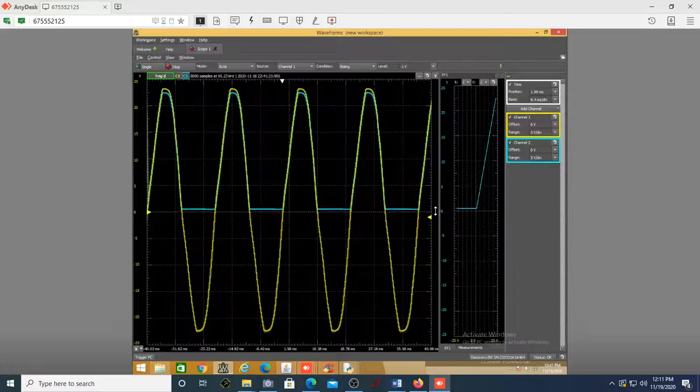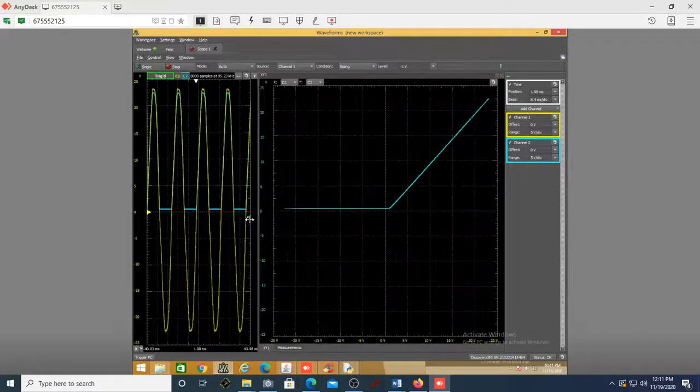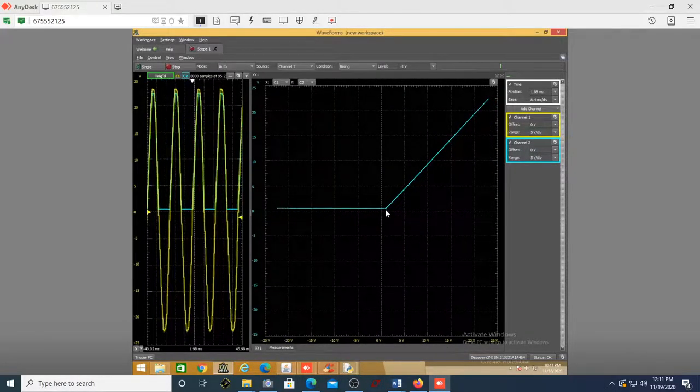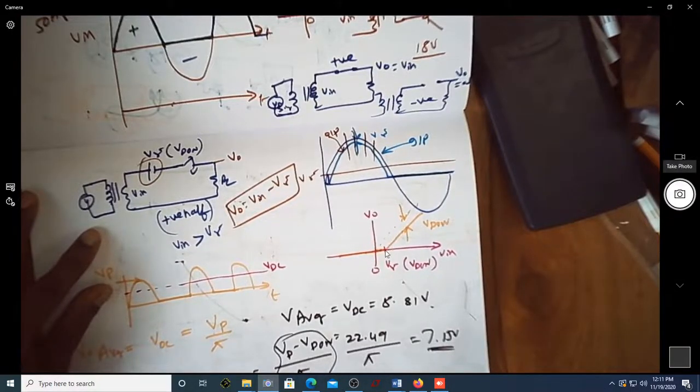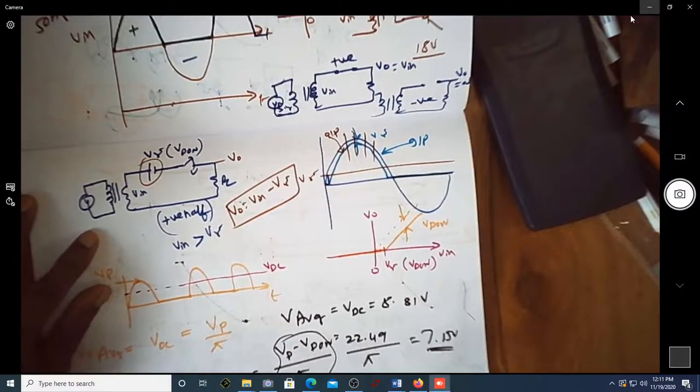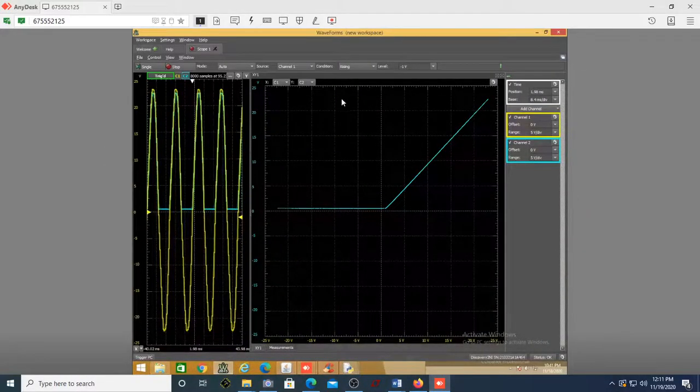Okay, it's fine now. Can you see the output voltage is 0 and then it increases. So this is exactly on the same lines as we discussed. It is 0 and then it increases, not exactly from 0, with a diode drop. So that's what is seen here.